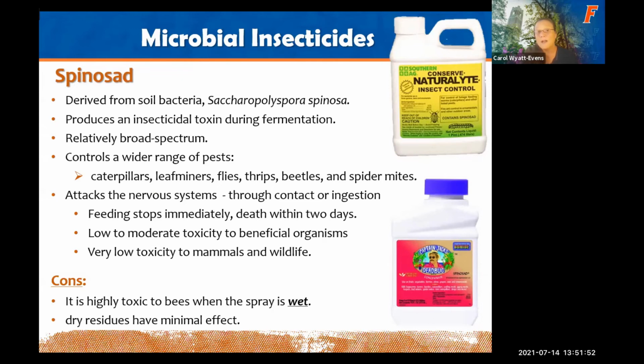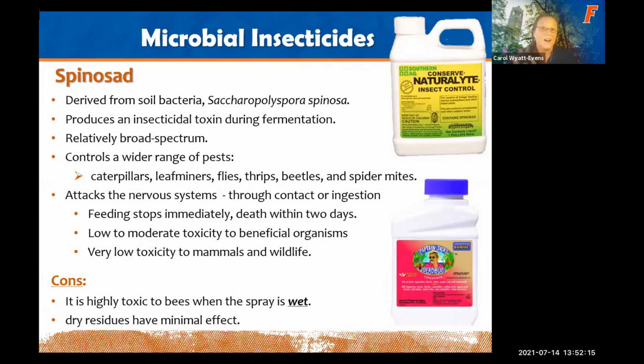So the other microbial that I'll talk about is spinosad. So spinosad, amazing product, has a much wider insect profile than other microbials. It's also from a soil bacteria, and it produces that same toxin to the insects. It attacks the nervous system, but it's both a contact and an ingestion.